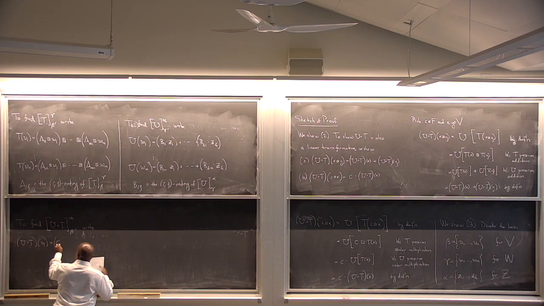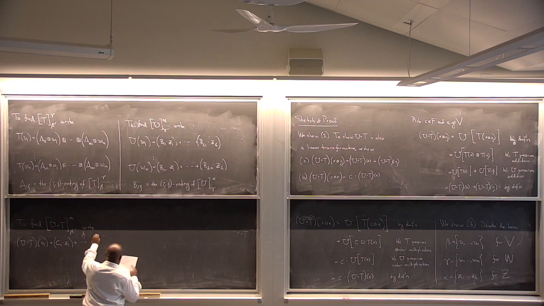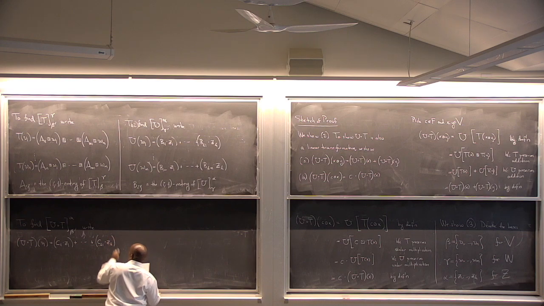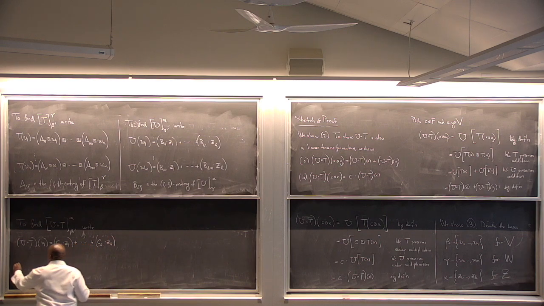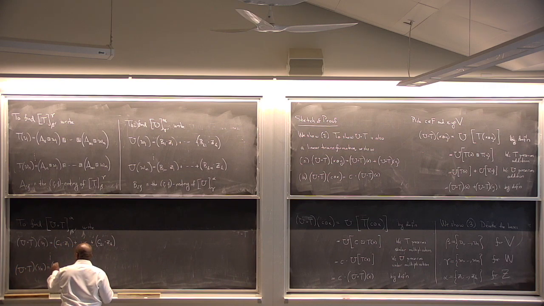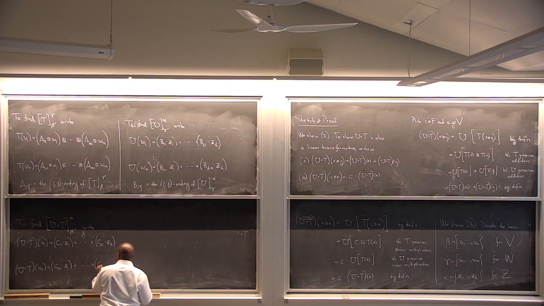Let's say here maybe C11 through perhaps, let's say here, CK1, all the way down through Vn. So this is C1n. And CKN.